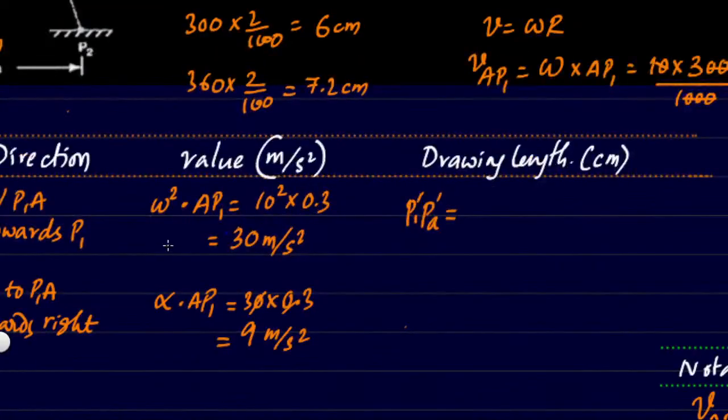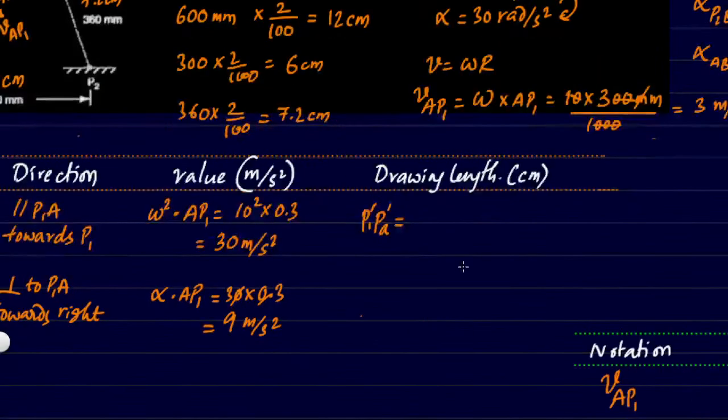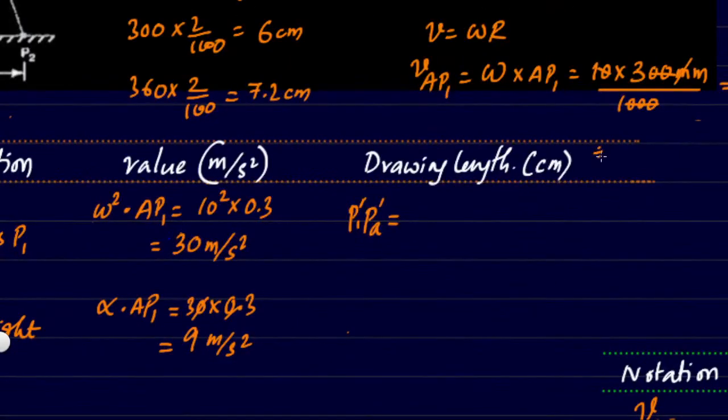So now 30 centimeters are slightly difficult to draw. Here the highest acceleration is 9 centimeters, we can easily draw. So let's take the scale as divided by 10. Divide by 10, we get 3 centimeters. But this scale won't work out.